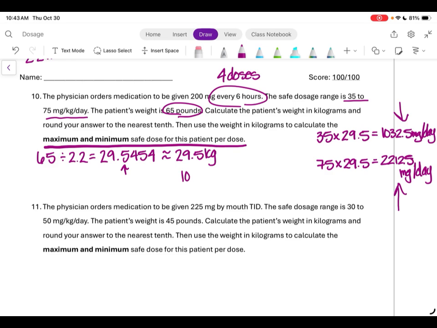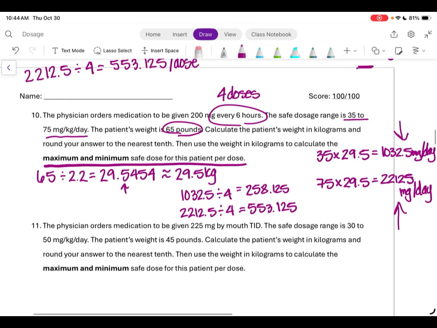So 1032.5 divided by 4, and then 2212.5 divided by 4. So 258.125 and 553.125. Let's see, did I get it right twice? Okay, I did.